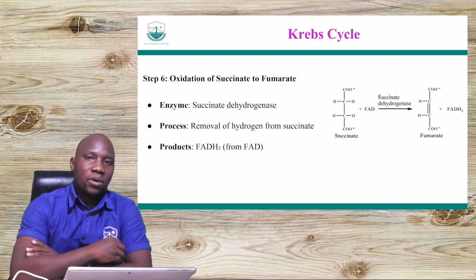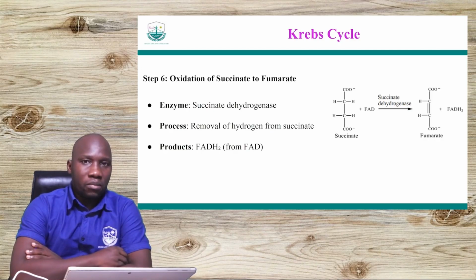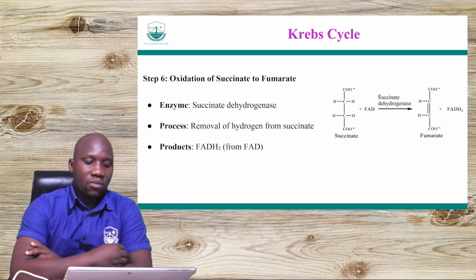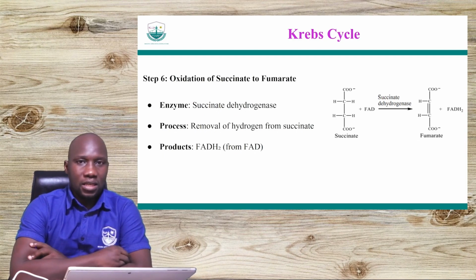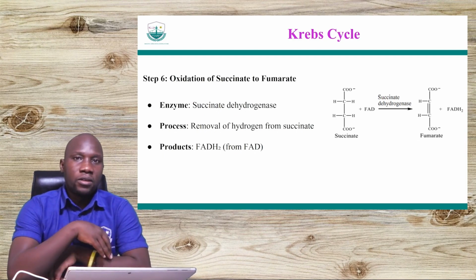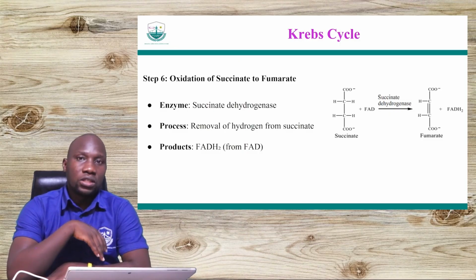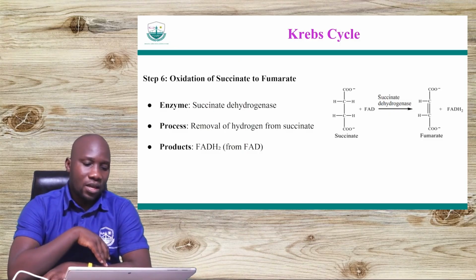Previously, we have been talking about nicotinamide adenine dinucleotide. Now, it's the first time we are seeing flavin adenine dinucleotide coming in. It's the one that gets reduced. In this case, it accepts the hydrogen from succinate.